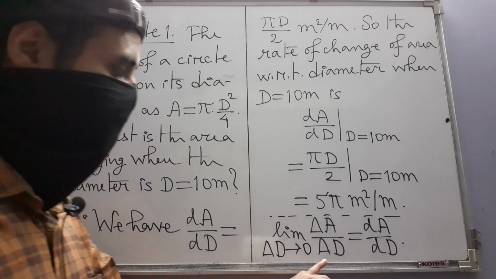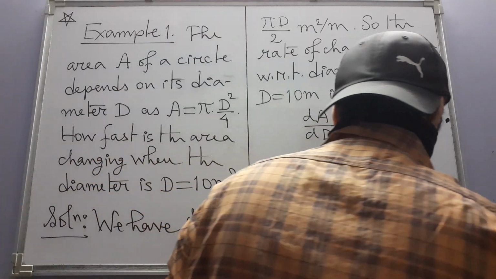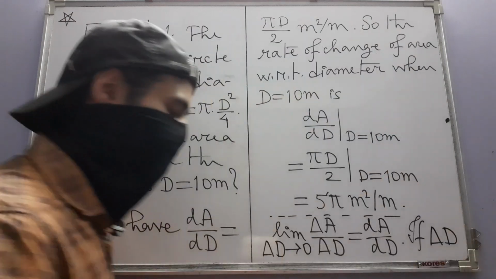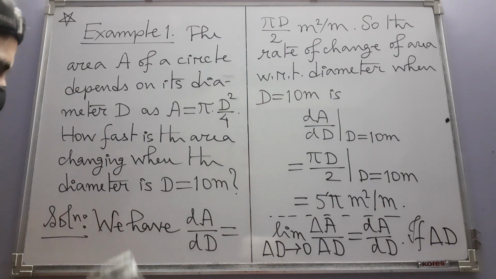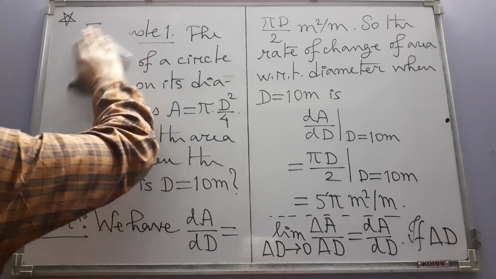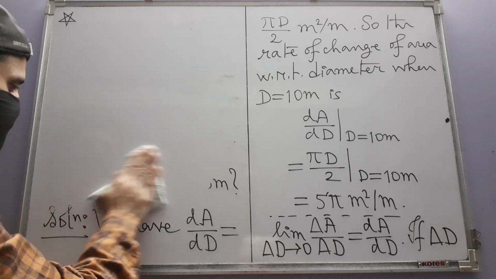Now if our delta D is really very small. Now in mathematics, simply the words small, large do not have any meaning because they are vague words.